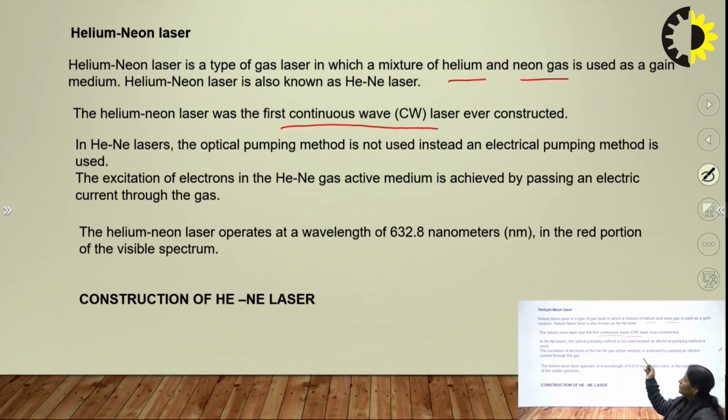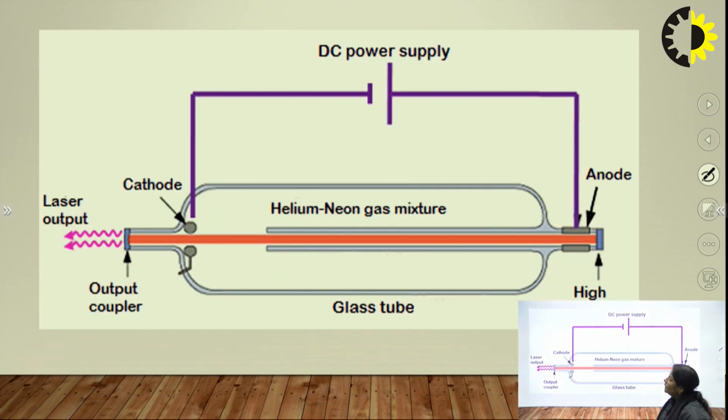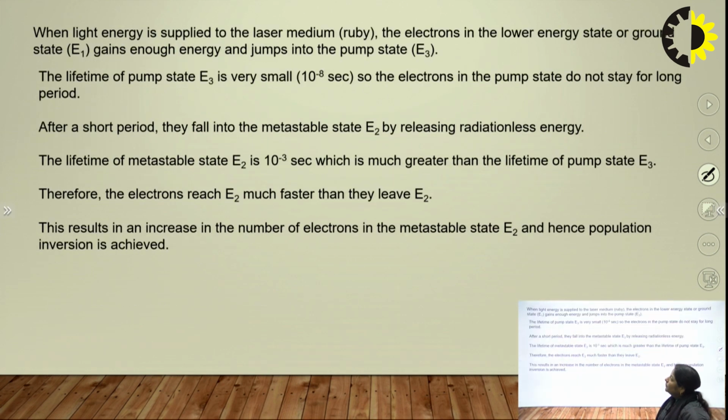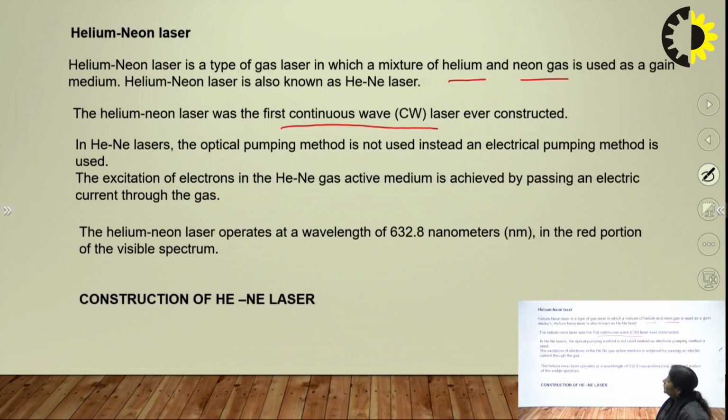If we talk about this, we can define the ruby laser also. This is falling in the category of continuous wave lasers, while the ruby laser was not giving a continuous wave, it is a pulsed laser. Alright, what is the meaning of this?